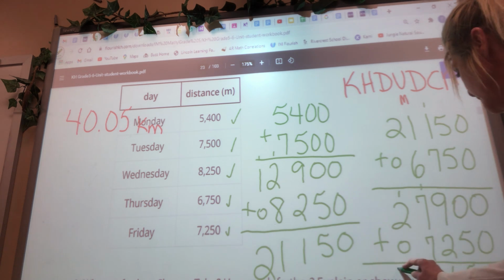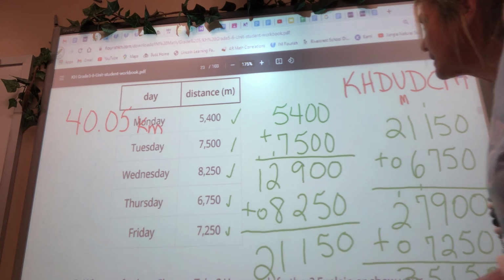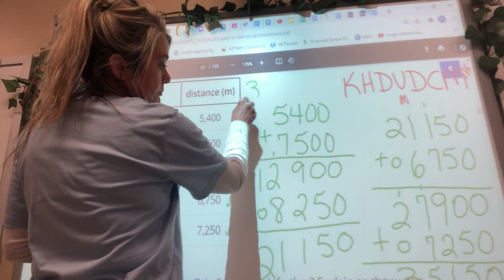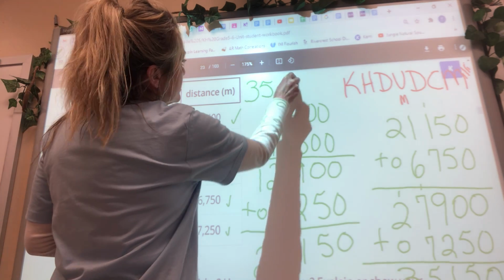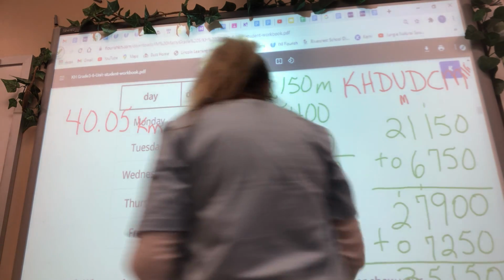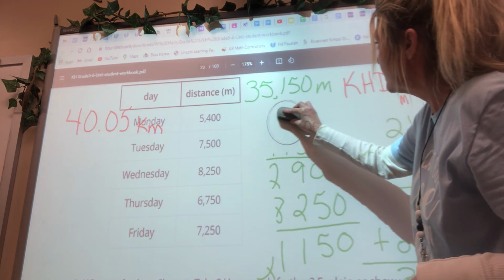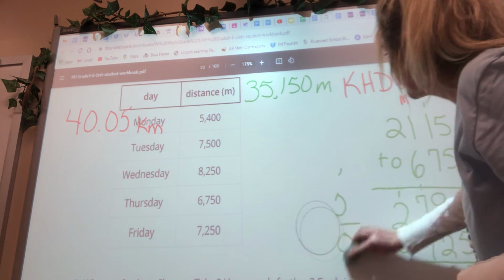Plus the one you carried is 3. All right. Now, so she ran 35,150 meters. All right, so we know what he ran and we know what she ran.